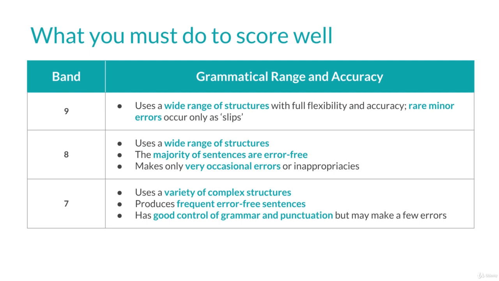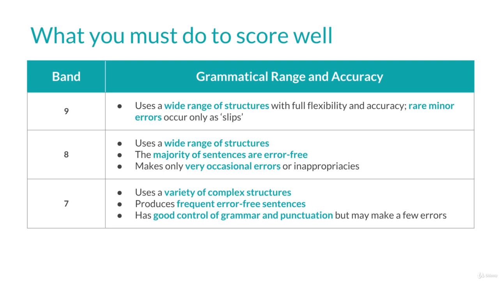Now let's talk about the grammatical range and accuracy. To get a good band score in this category, you have to make sure that you use a wide range of structures. We'll discuss these structures in more detail later down the road, but to give you a brief idea of what I mean by structures, you have to use a variety of sentences such as compound sentences, complex sentences.